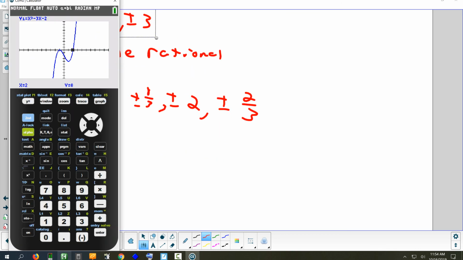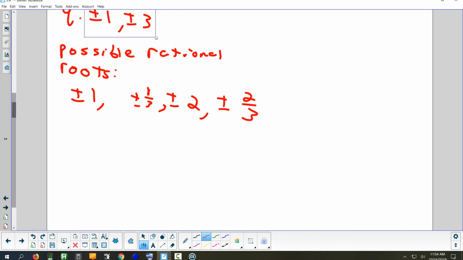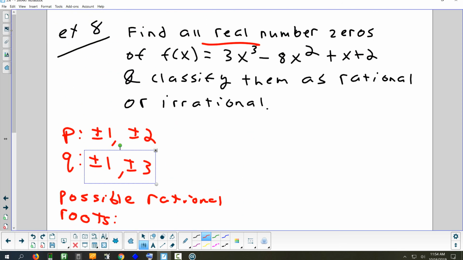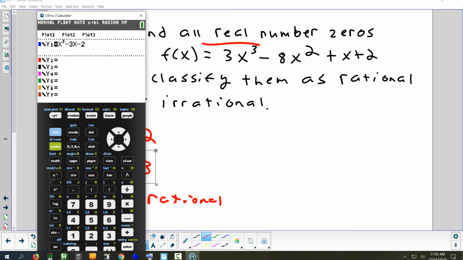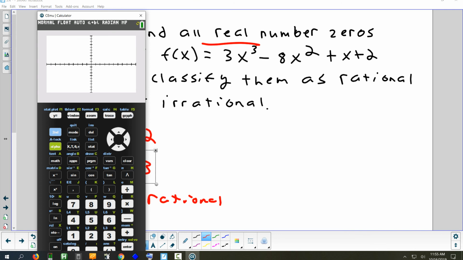So now we have to graph it and see which one of those looks reasonable. So let's see. 3x cubed minus 8x squared plus x plus 2.